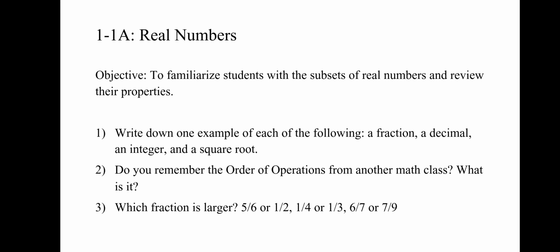A decimal looks like this: pi, with 3.1415. And a square root. This is a square root. Square root of 24.